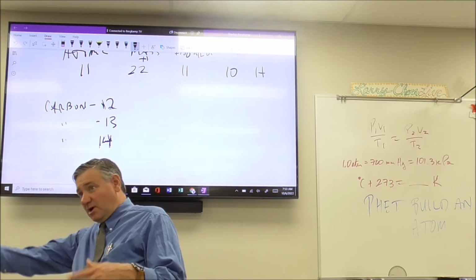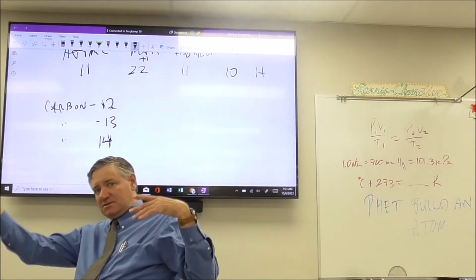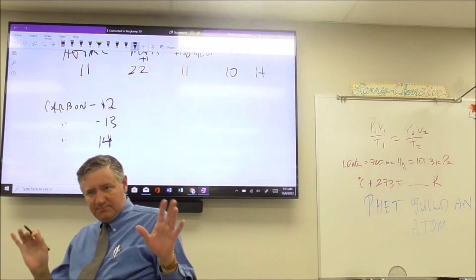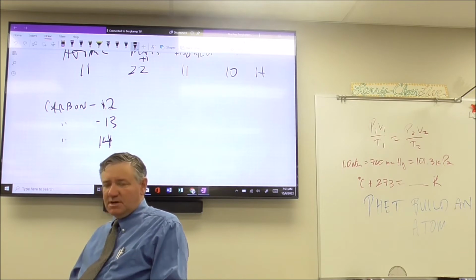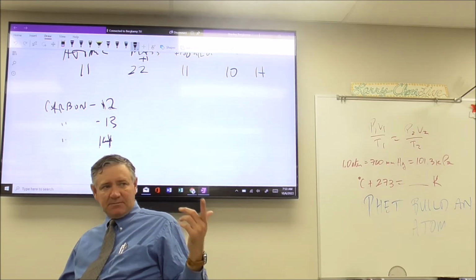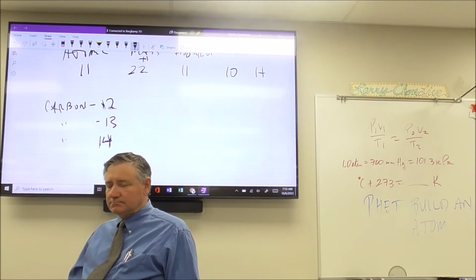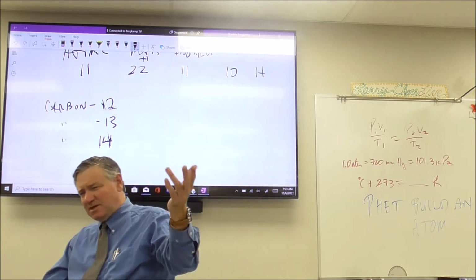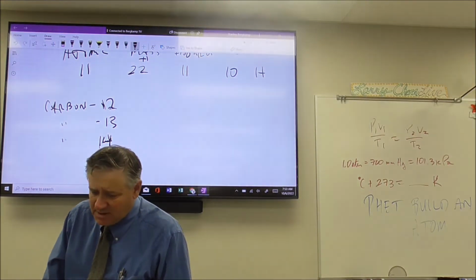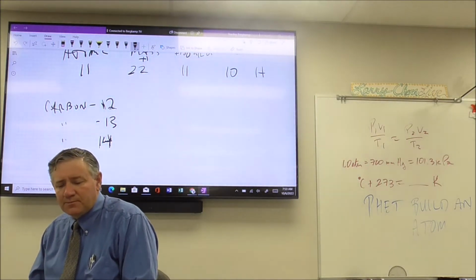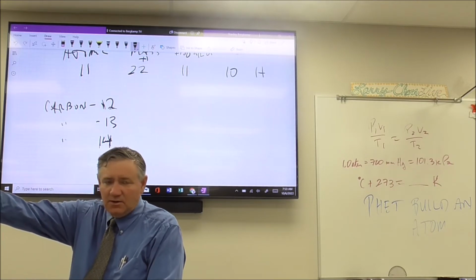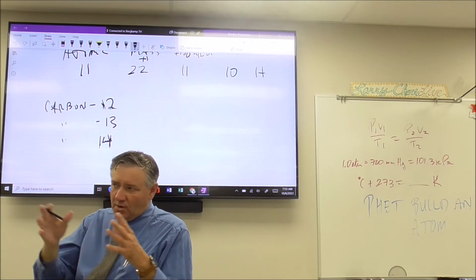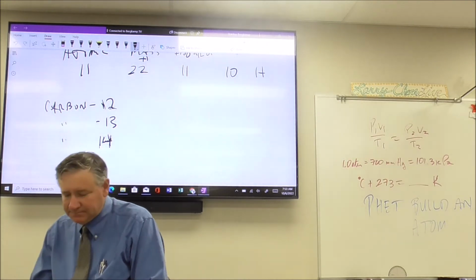The relative atomic mass of carbon is 12, hydrogen is 1, oxygen is 16. So as a crude approximation, each proton and each neutron has a relative atomic mass of about 1, okay? It's a little bit more than that, but it's pretty close. So what you see on the periodic table is an average value of all the isotopes that exist, okay?